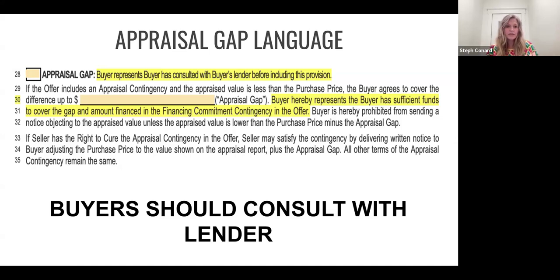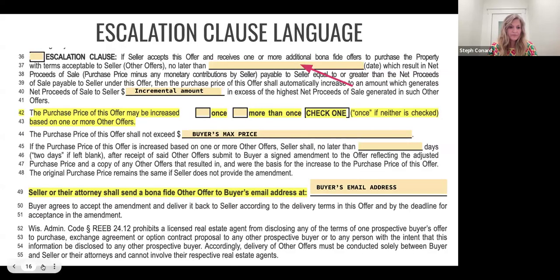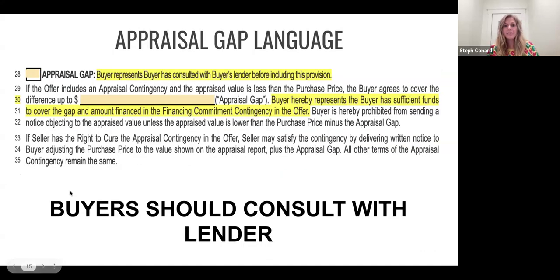The way it reads, if the offer includes an appraisal contingency and the appraised value is less than the purchase price, the buyer agrees to cover the difference up to, and again, you're going to name that amount. We've seen anything from $5,000 to $10,000 to $20,000 that the buyer is committing to paying if the appraised value comes in lower than their accepted offer price.